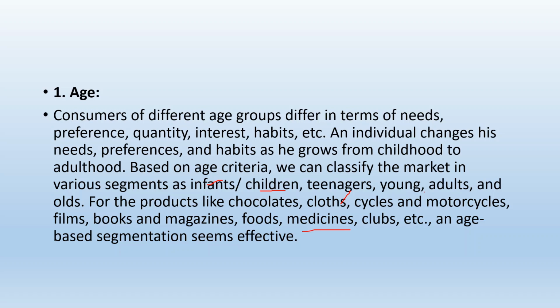In some medicines, it is clearly instructed that people above the age of 18 or 20 should consume this, not infants or children. Keep it away from children. These kinds of instructions are written as labeling on the product. So this kind of age-based segmentation seems to be effective.